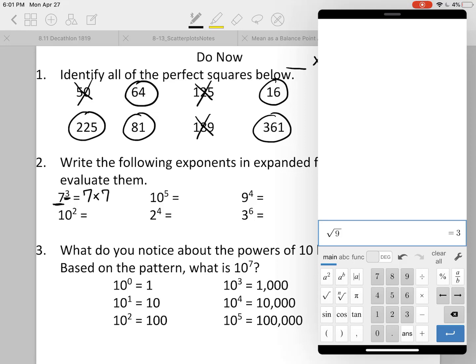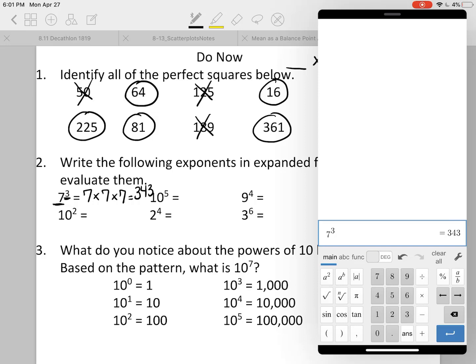So 7 times 7 times 7. If we do this in a calculator, we do 7 to the power of 3, and we get 343. A really common error that students make is to do 7 times 3, but that is not what 7 to the power of 3 means.